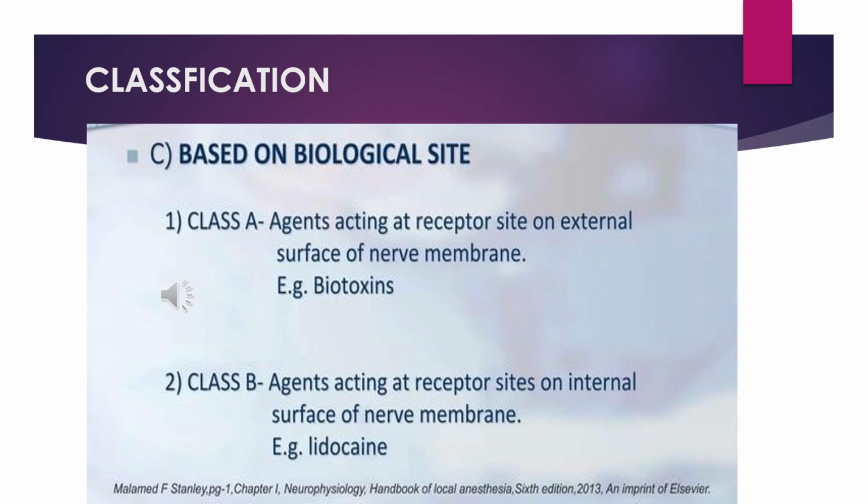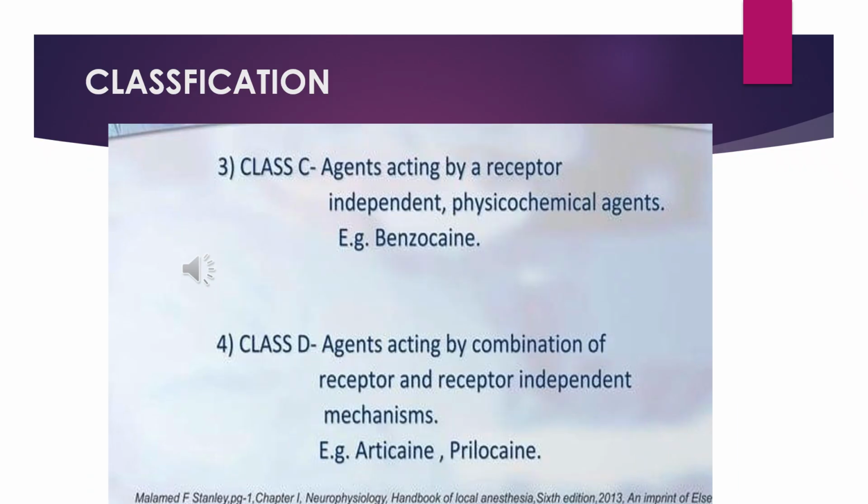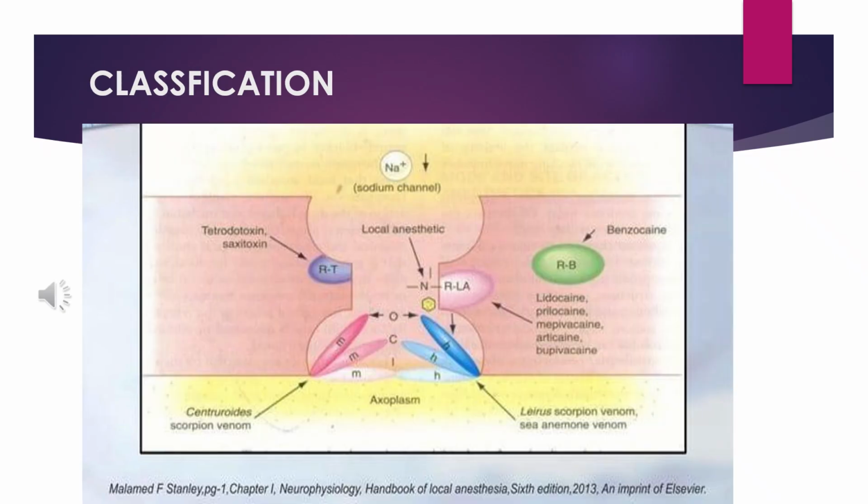Class B: agents acting at the receptor sites on the internal surface of the nerve membrane, that is our lidocaine. Agents acting by receptor-independent physiochemical mechanisms are class C, for example benzocaine. And agents acting by a combination of receptor and receptor-independent mechanisms, that is articaine or prilocaine, are class D local anesthetic agents.